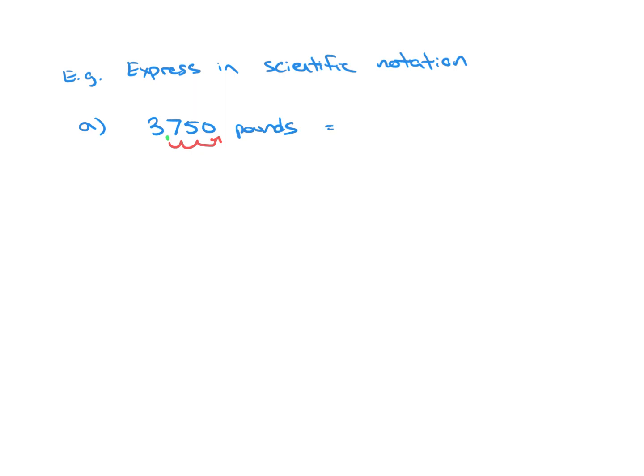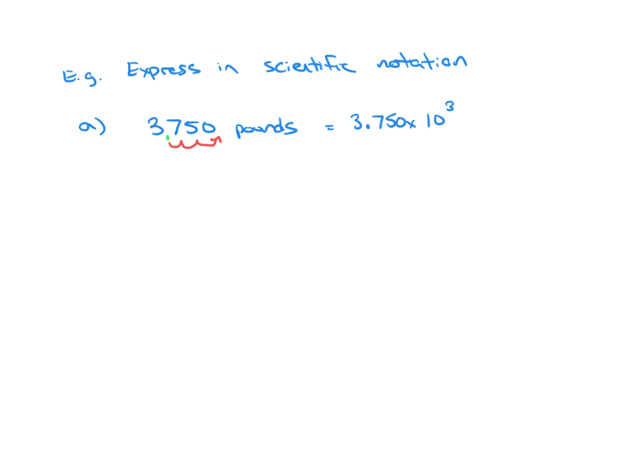So the answer, since I slid it 3 spots to the right, is done by doing times 10 to the power of positive 3. And the number I write in front of the multiplication symbol is 3.750.